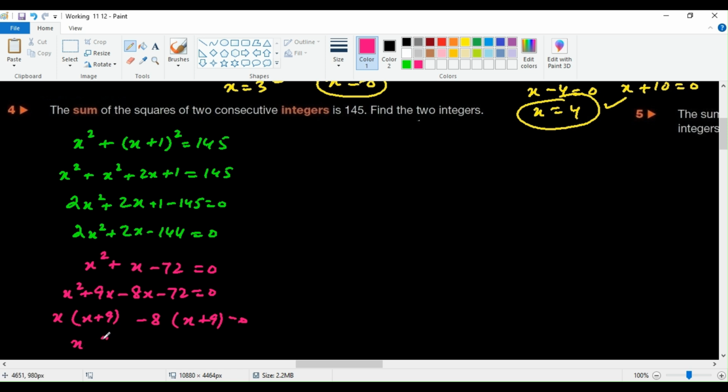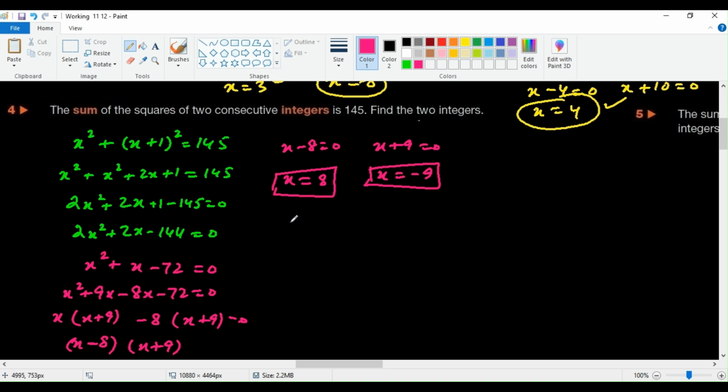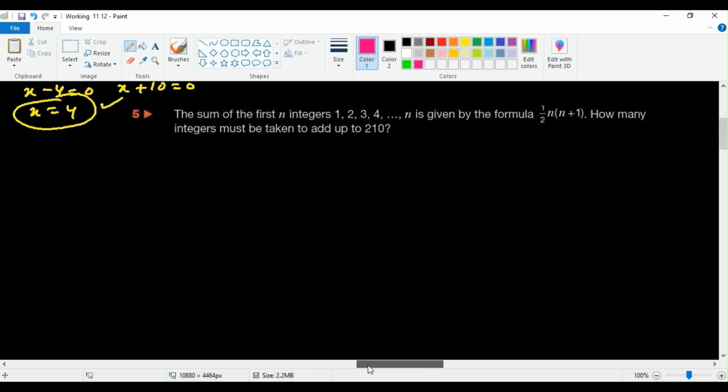So x minus 8 and x plus 9 are the two factors, and in here x minus 8 equals 0 and x plus 9 also equals 0. That means x equals 8 and x equals negative 9. So these are the two possibilities to give you 145: 8 times 9, and minus 8 times minus 9. These are the two possibilities of getting 145.